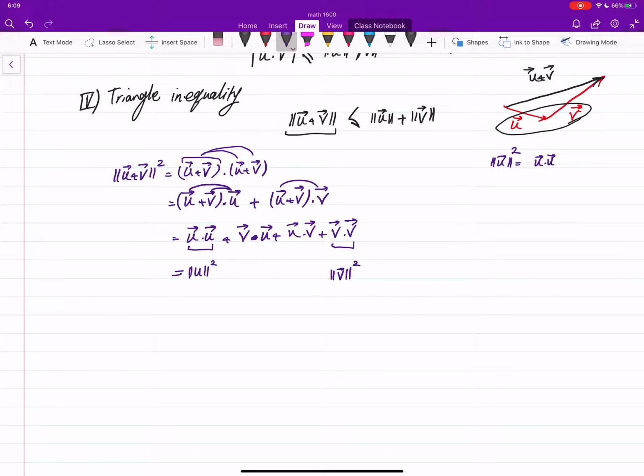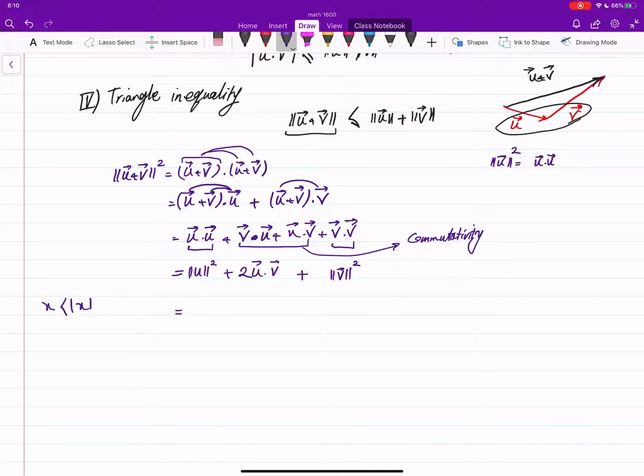u dot v and v dot u are the same thing. This is commutativity. And what we can write is 2 u dot v. u dot v is a number, and all numbers, no matter what the number is, are less than or equal to their absolute value.